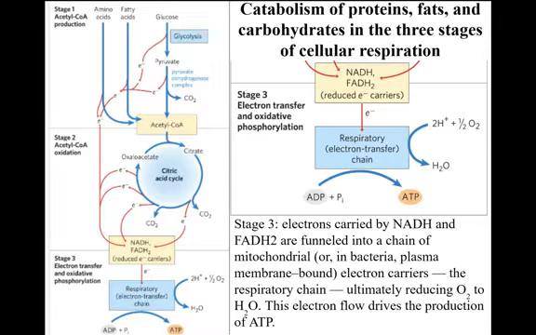With stage 3, these electron carriers go to the respiratory system, and thus reduce oxygen to produce water. The electron flow also drives the production of ATP from ADP and inorganic phosphate.